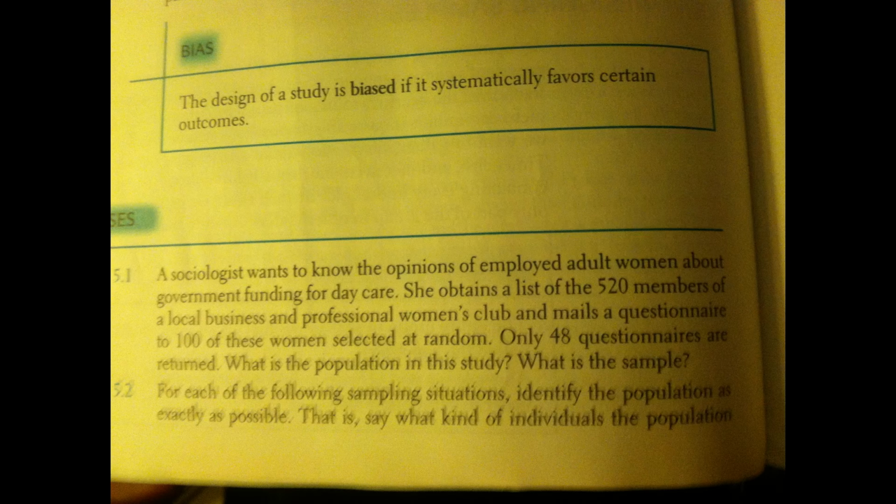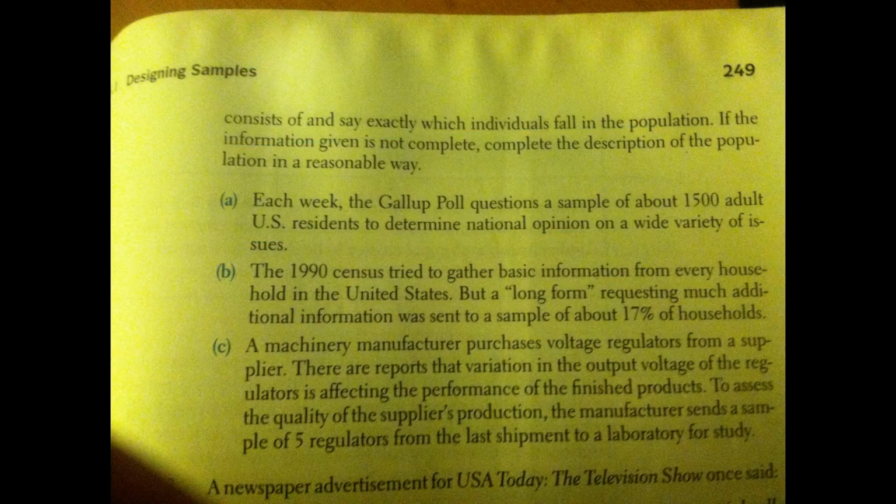Here it is, right down at the bottom. For each of the following sampling situations, identify the population as exactly as possible. That is to say, what kind of individuals the population consists of, and to say exactly which individuals fall in the population. The information given is not complete. Complete the description of the population in a reasonable way.